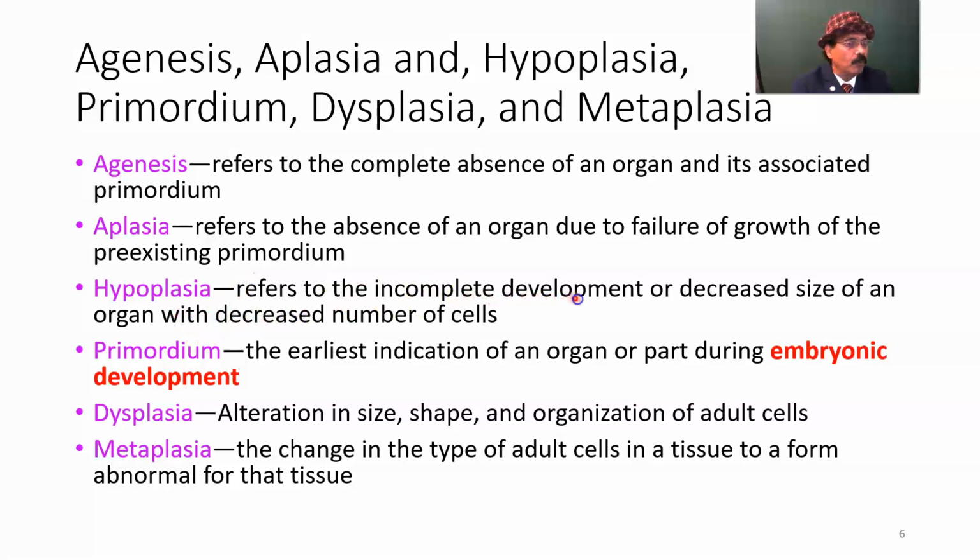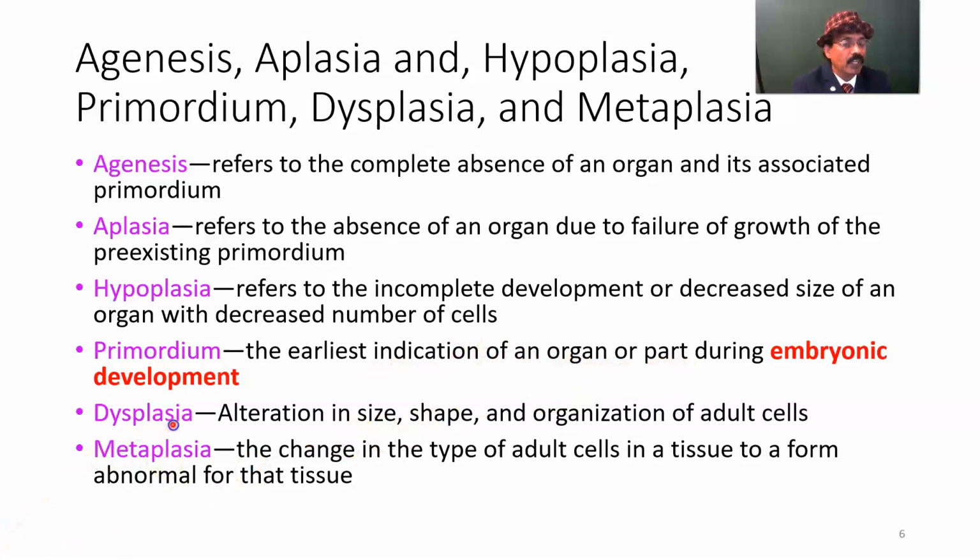Hypoplasia refers to incomplete development or decreased size of an organ with decreased number of cells. Primordium is the earliest indication of an organ or part during embryonic development.